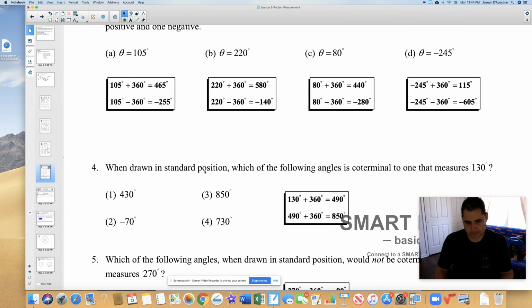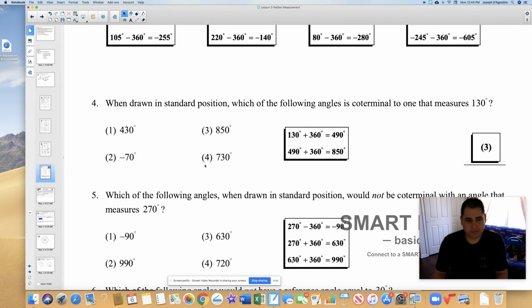All right, that was number 3. Number 4, when drawn in standard position, which of the following angles is a coterminal angle to one that measures 130? Now, one of two things you can do. You can take 130 and add 360 and subtract 360 and see if that gives you one of the choices. So that's what I did here. Add 360 got you 490.